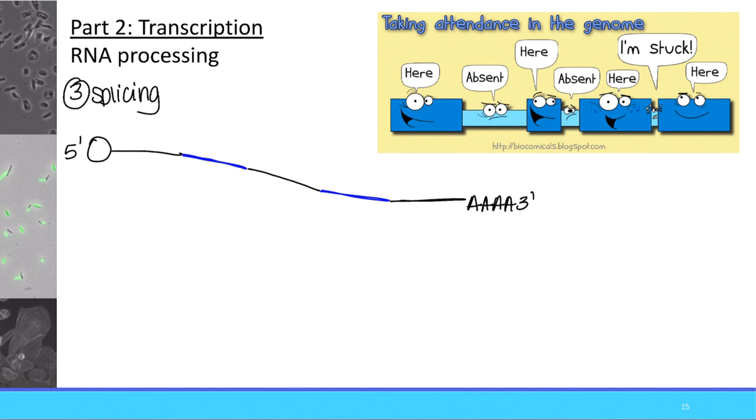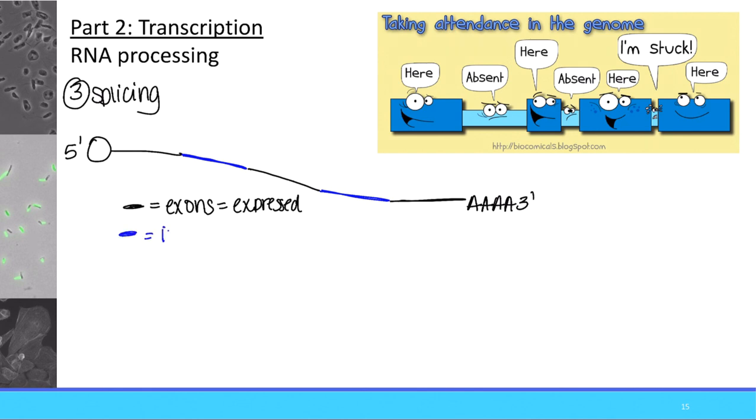And we have 2 things going on here. We've got the black ink, which is going to represent our exons, and I like to think of exons as expressed. These are the parts of the mRNA that will be left in the mature mRNA, the parts that are expressed. Now we have these blue parts.